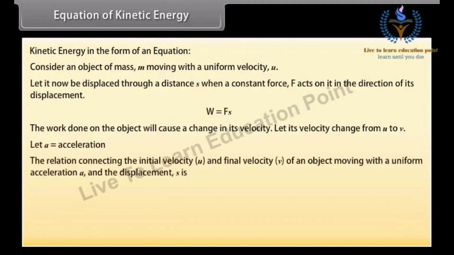The relation connecting the initial velocity u and final velocity v of an object moving with a uniform acceleration a and the displacement s is v square minus u square equal to 2as. This gives s is equal to v square minus u square whole upon 2a.